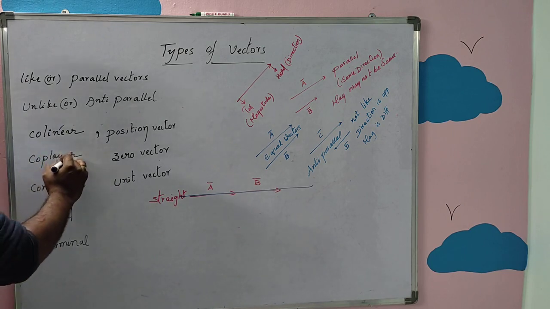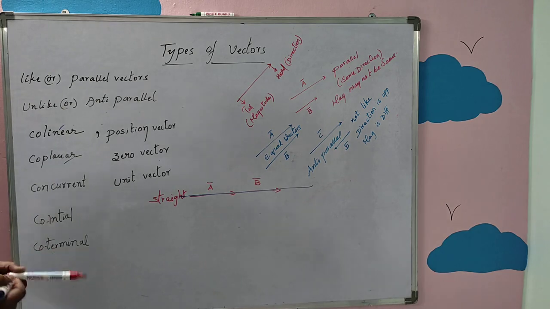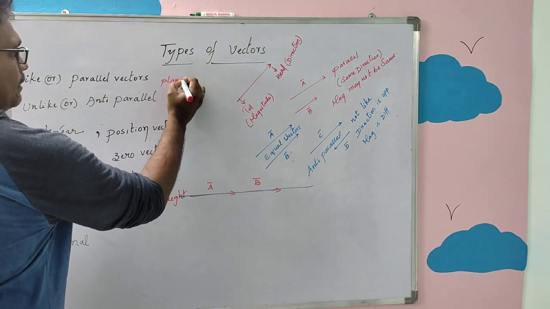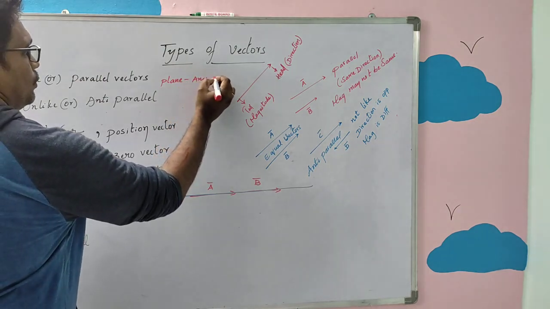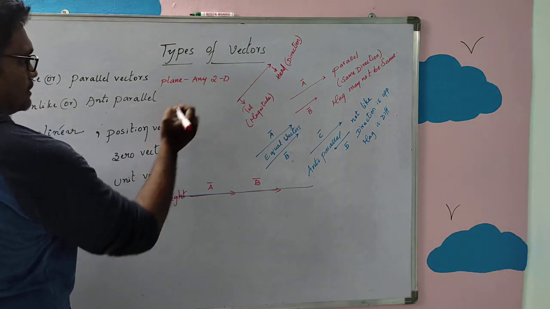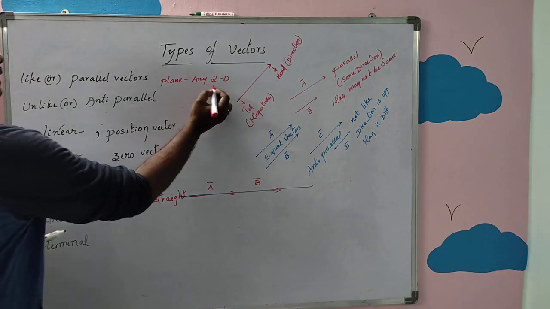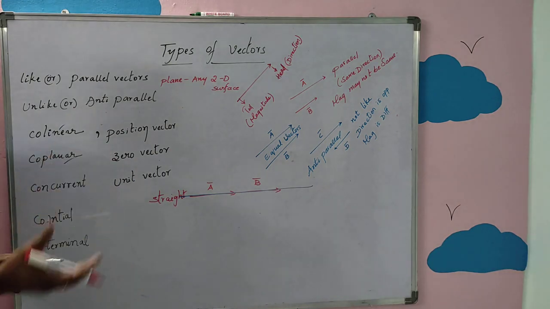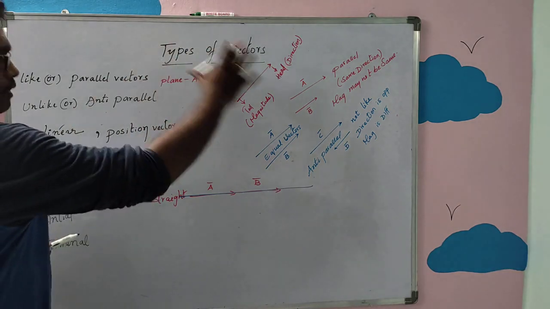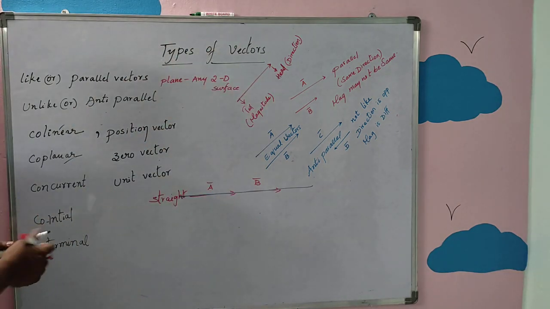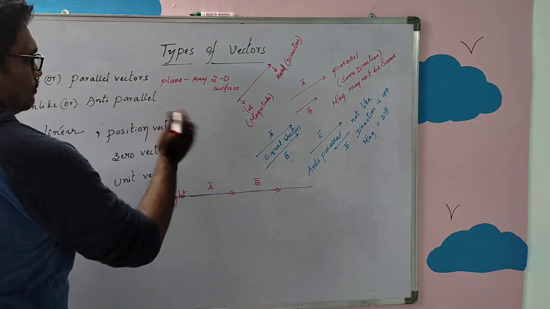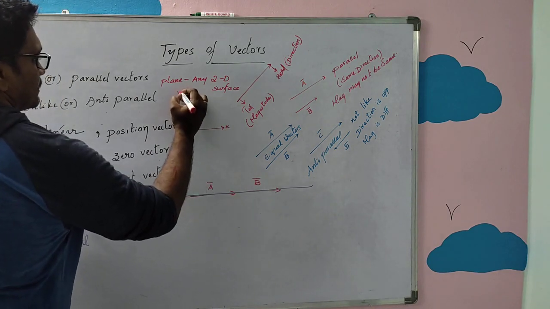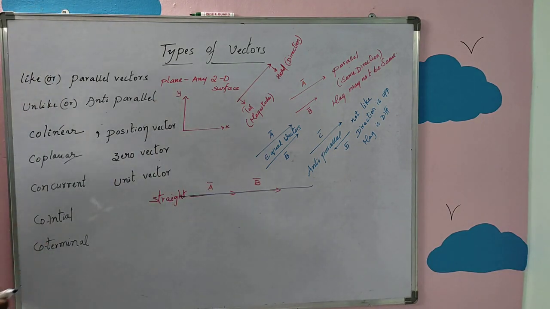Now come to coplanar vectors. Very important word it is, plane. Any two-dimensional surface can be called a plane. Your book is a plane surface, your board is a plane surface, right? Or in a simple way, a two-axis system like the x and y axis system can also be considered a plane.